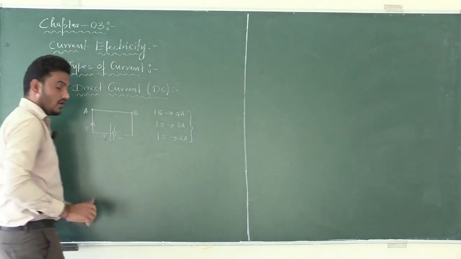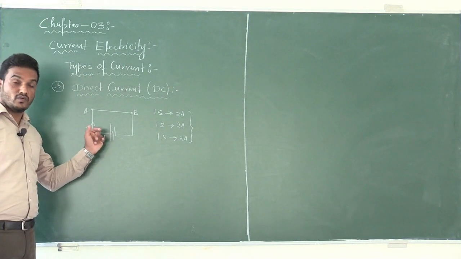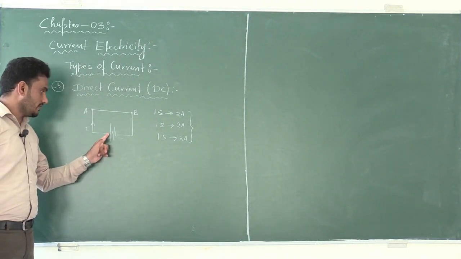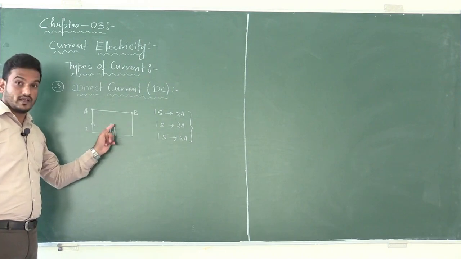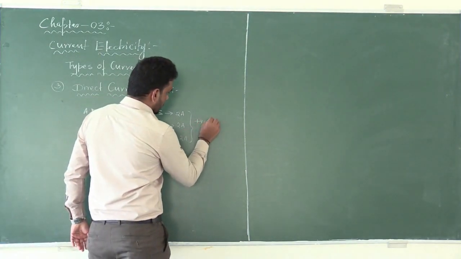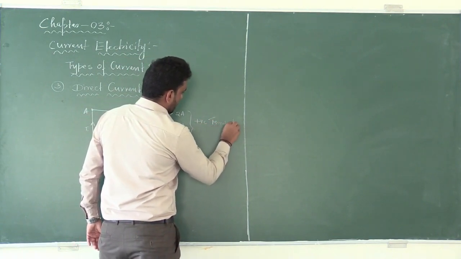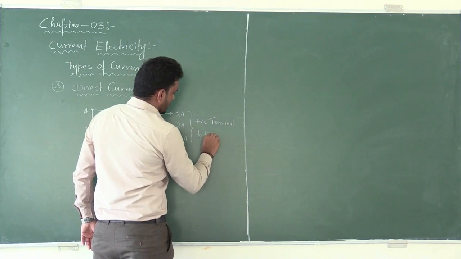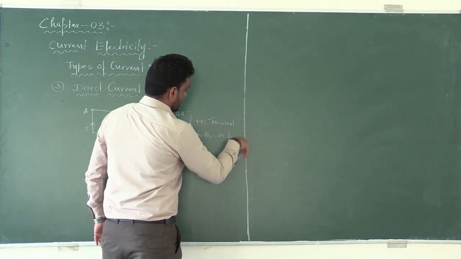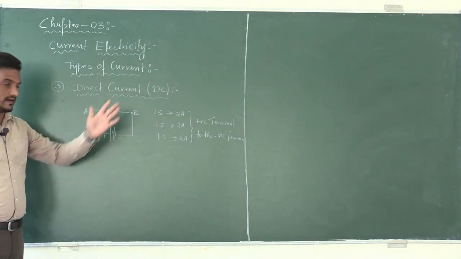And all the time the current is flowing from the positive terminal of the battery to the negative terminal in a single direction. Such current is said to be direct current.